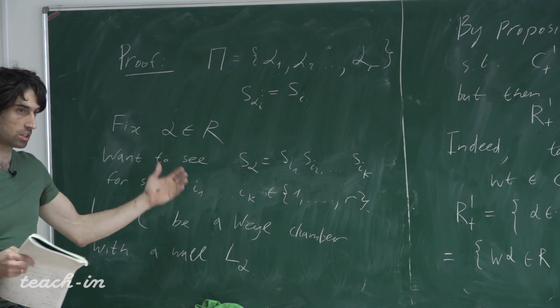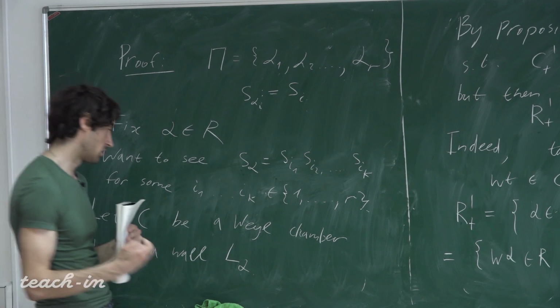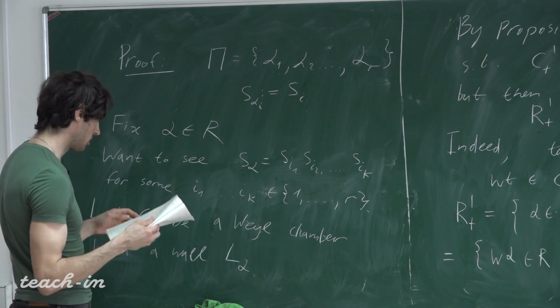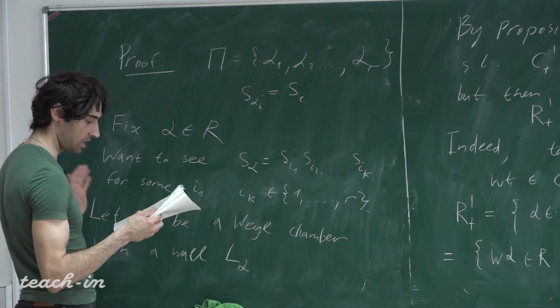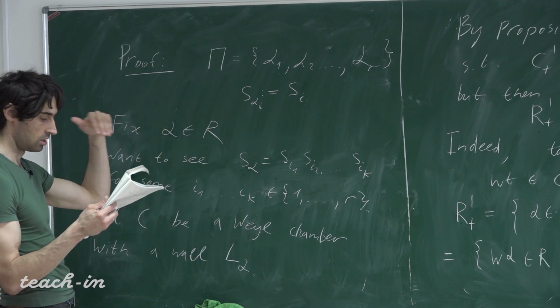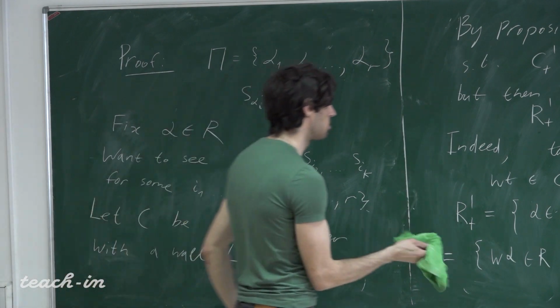So let me take a Weyl chamber such that L_alpha is a wall of C. And then let me connect it by a sequence of adjacent Weyl chambers as before with C+.